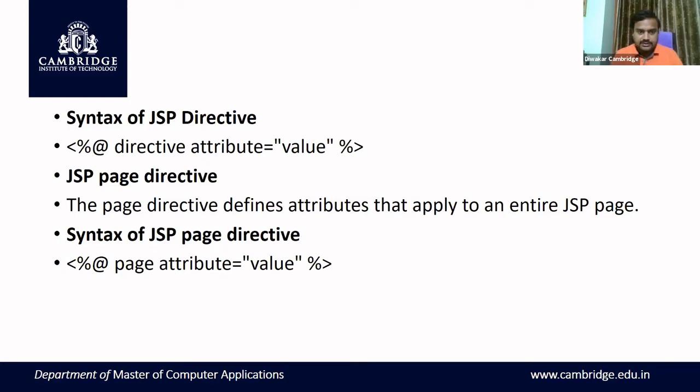The page directive defines the attributes that apply to an entire JSP page. The page itself is the current page, so we define the attributes for this page so that they are applied to the entire page.